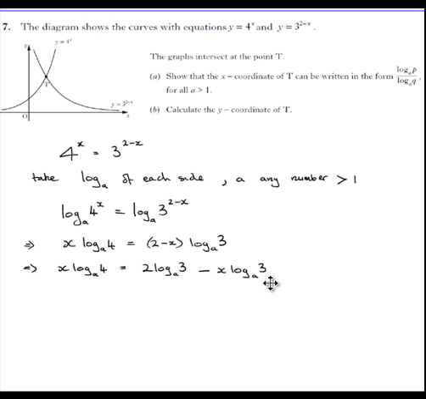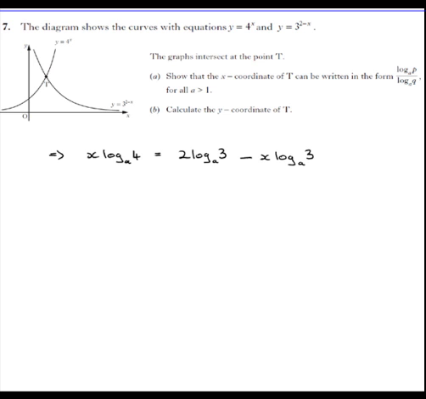Taking the minus x log to the base a of 3 over to the left hand side gives x log to the base a of 4 plus x log to the base a of 3.